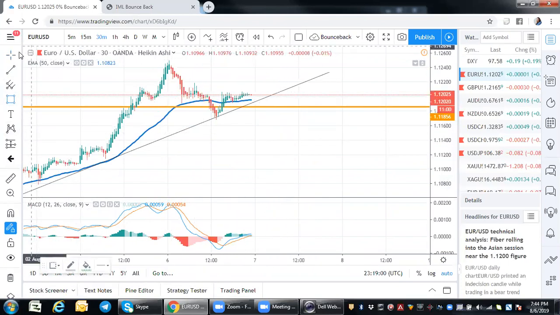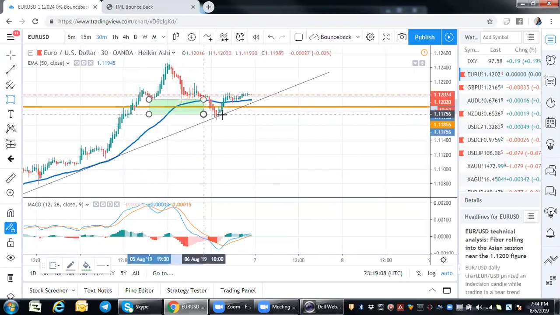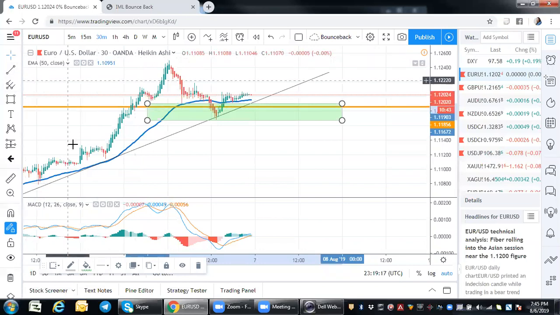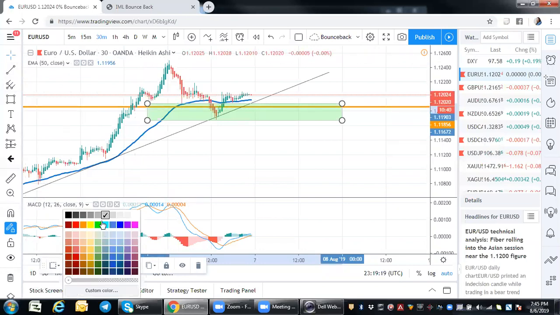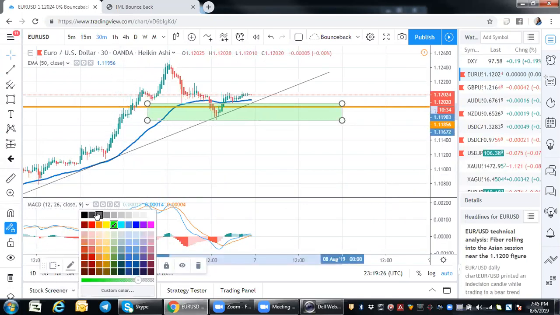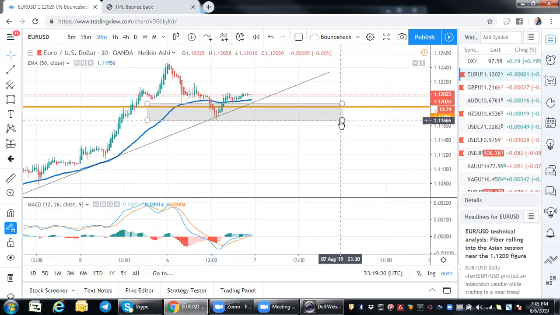So for structure, I am going to utilize this area here. Let me just make it gray. Cool. So this is what I want.